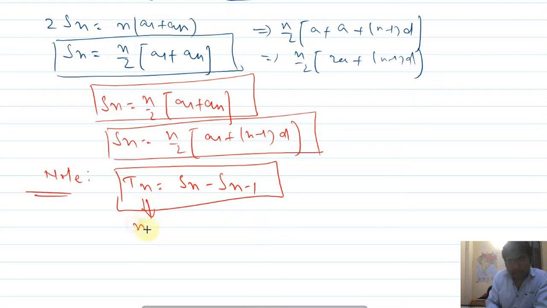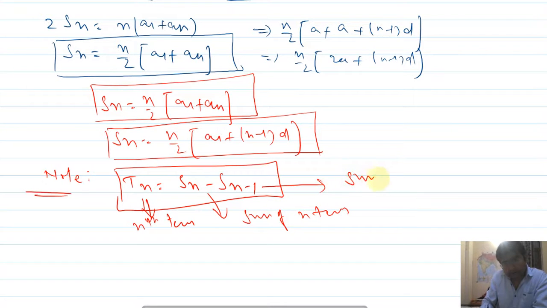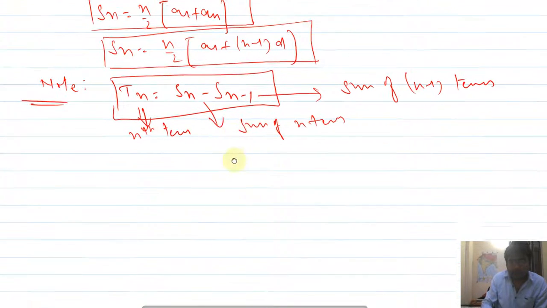This is the nth term. Sn is the sum of n terms, and S(n minus 1) is the sum of n minus 1 terms. So let's see what the proof is.